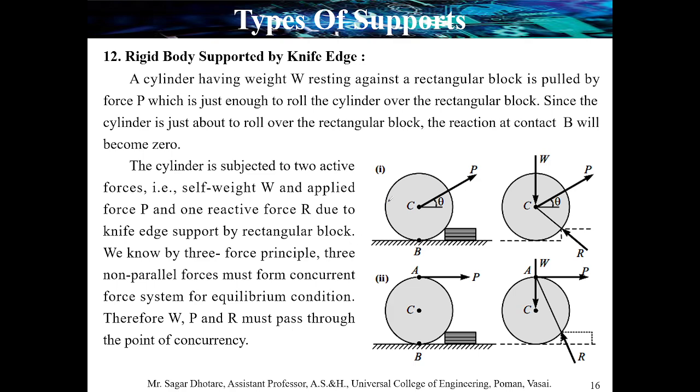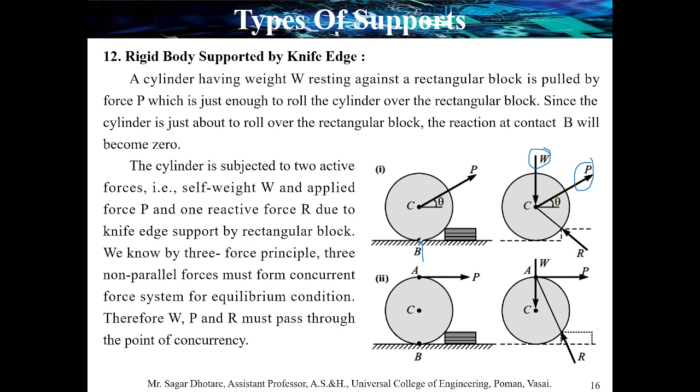First of all, this one is a cylinder, so there is its weight. Then we are applying a force at angle theta with the horizontal. So W is there, P is there. Now another thing gets added.